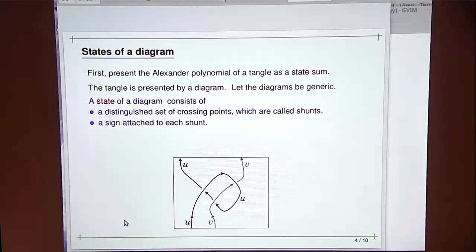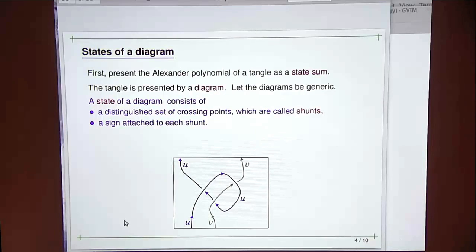A shunt is something which changes the direction of a tram on a railroad, or blood in blood vessels. But anyway, just a set of crossings is selected, and at each of these selected crossings, we have to choose a sign, plus or minus. So this is the thing.